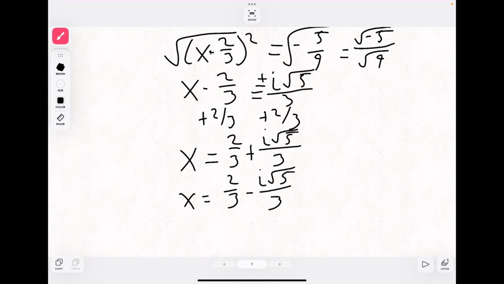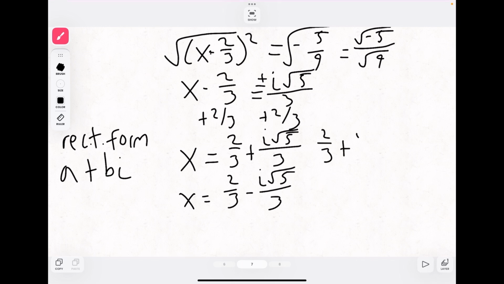But something I want to quickly point out is that just in case your teacher's kind of a stickler and she wants you to write your final answer in rectangular form, which, by the way, is basically the formula for a complex number where you have a, which is the real number, plus bi, which is the imaginary number, then all you'll have to do is simply move the i out, and rewrite your answer as 2/3 plus the square root of 5 over 3 times i in the back.